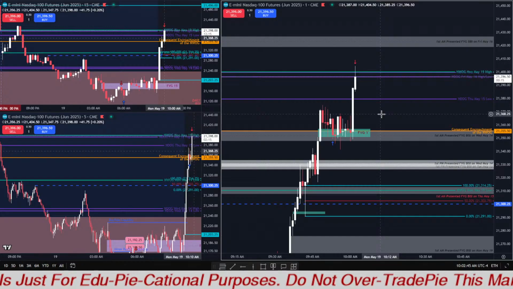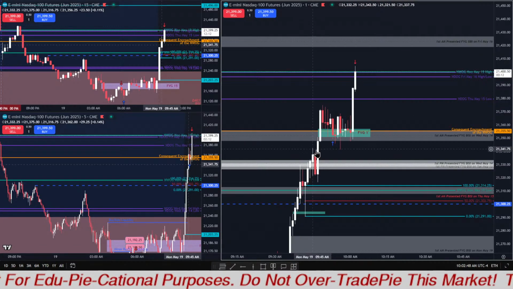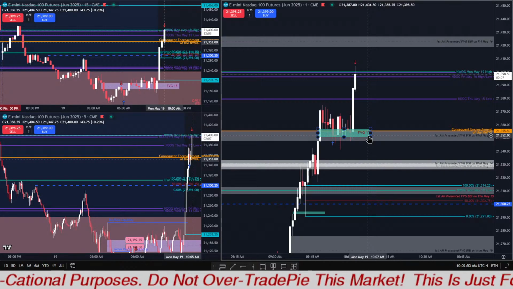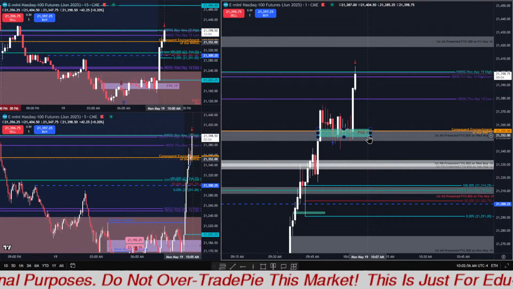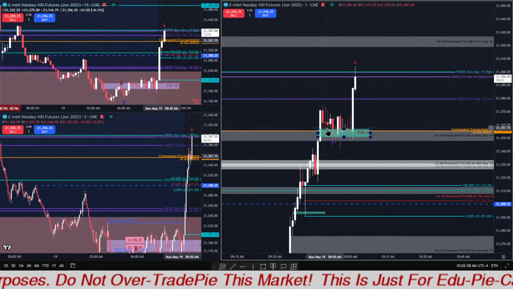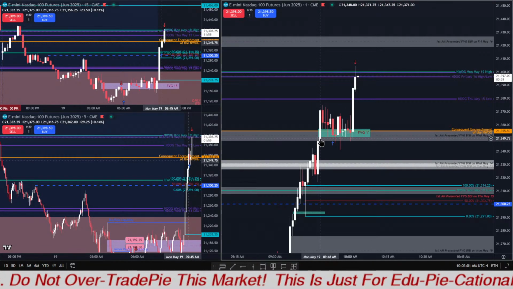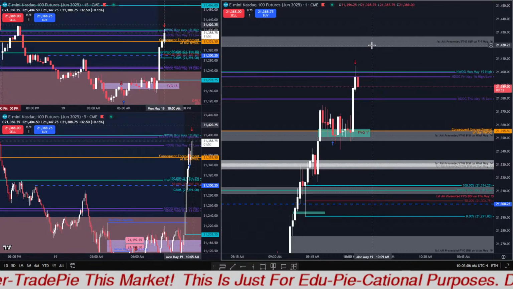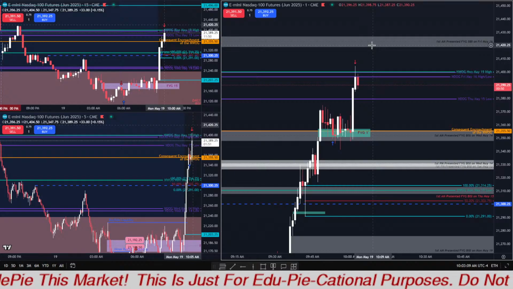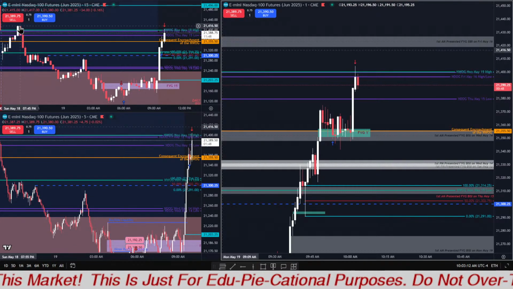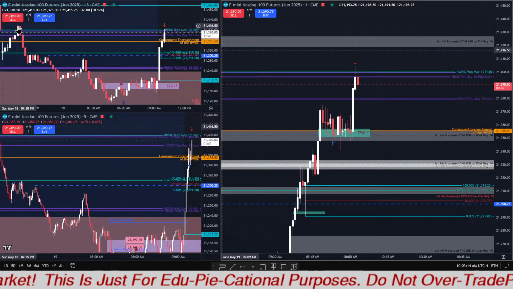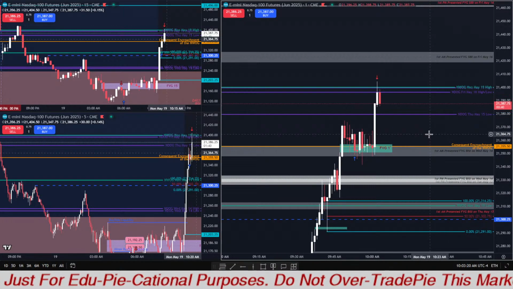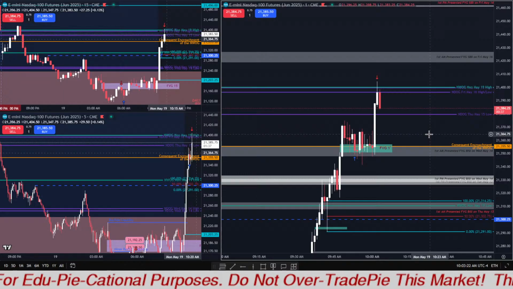As long as we stay in this fair value gap in the 1 minute chart, everything is bullish to me, and the draw could be to the 420 level over here, right above these swing highs of the 15-minute chart in the Asian session. And now I'm just watching the market to see how it's delivering.